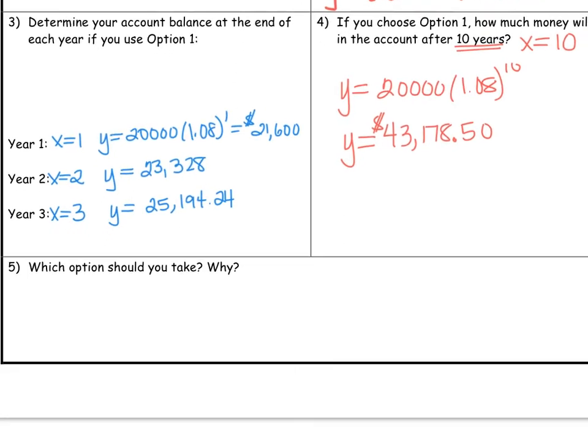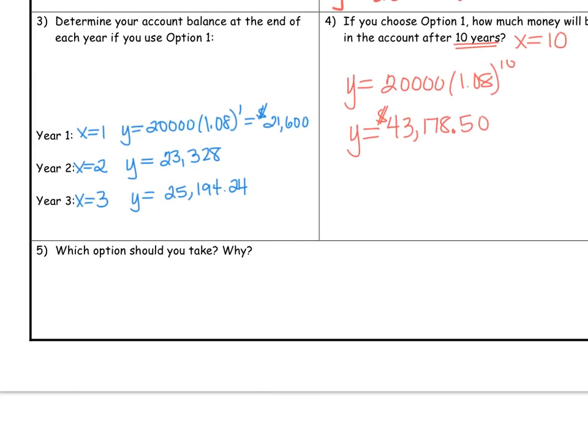Okay, last question. Which option should you take and why? Let's take a look at the numbers. Option 1, after 10 years, your $20,000 turned into $43,178.50.